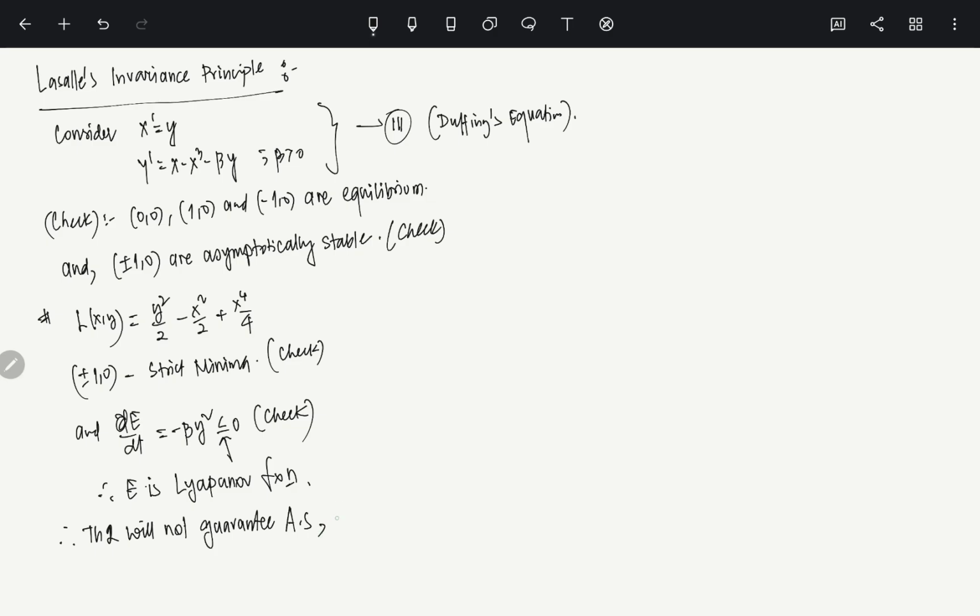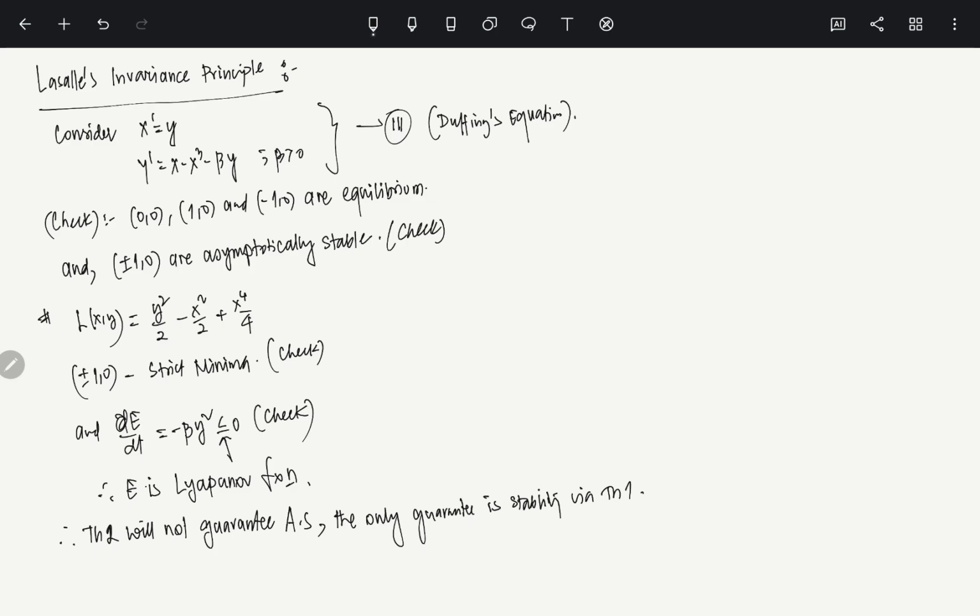The only guarantee you can get is stability via theorem 1. Is it okay?